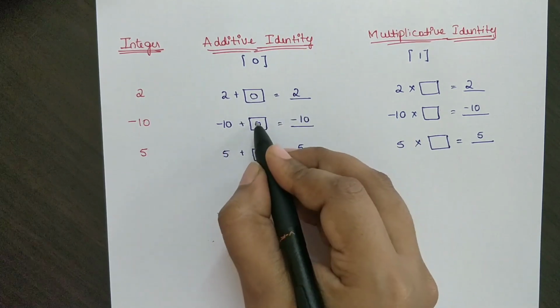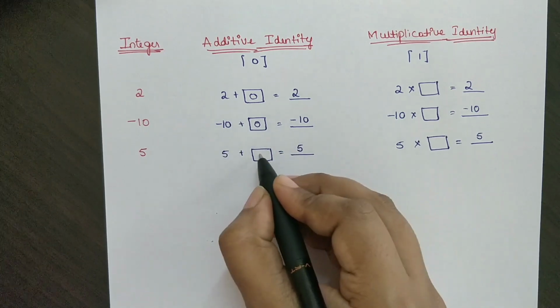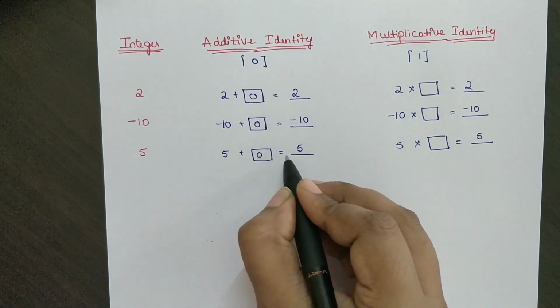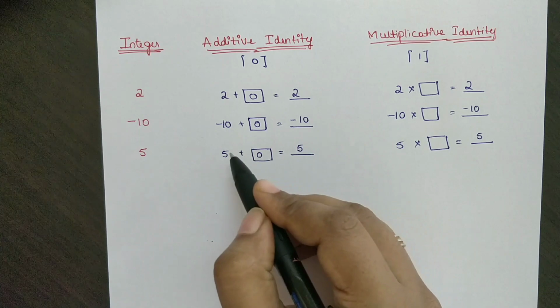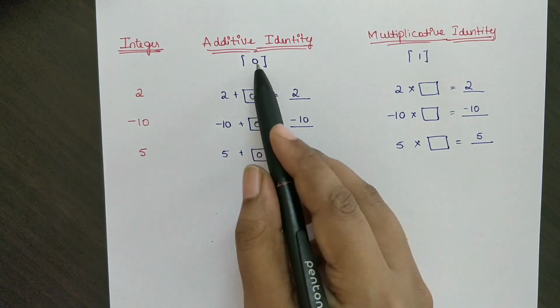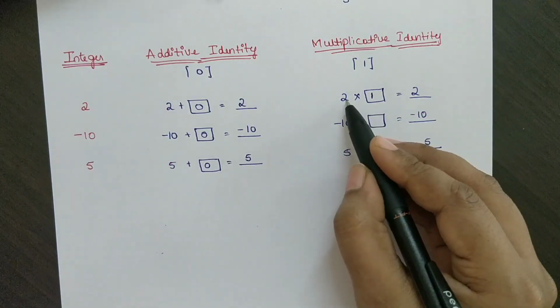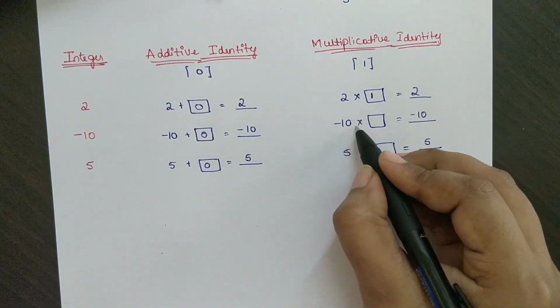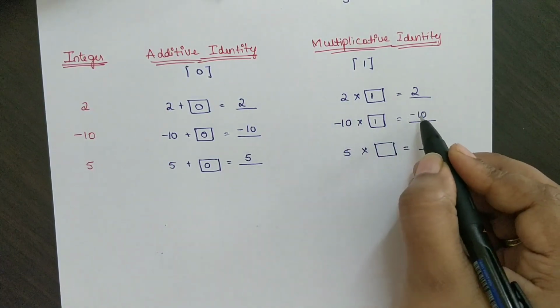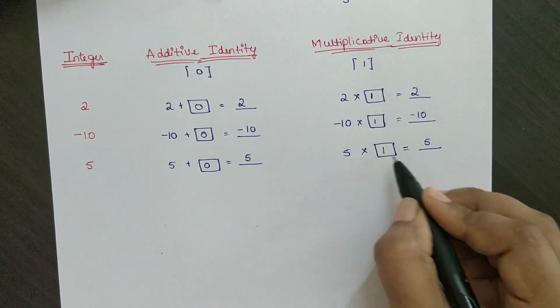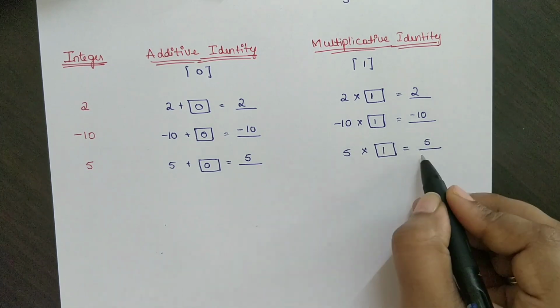Minus 10 plus 0 is minus 10. 5 plus 0 equal to 5. The value did not change. So 0 is the additive identity. 2 ones are 2. Minus 10 into 1 is minus 10. 5 into 1 is 5. The value did not change.